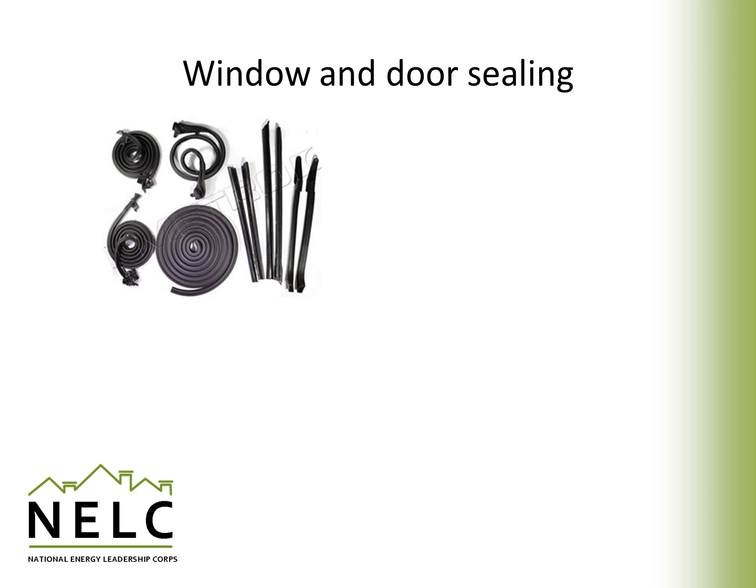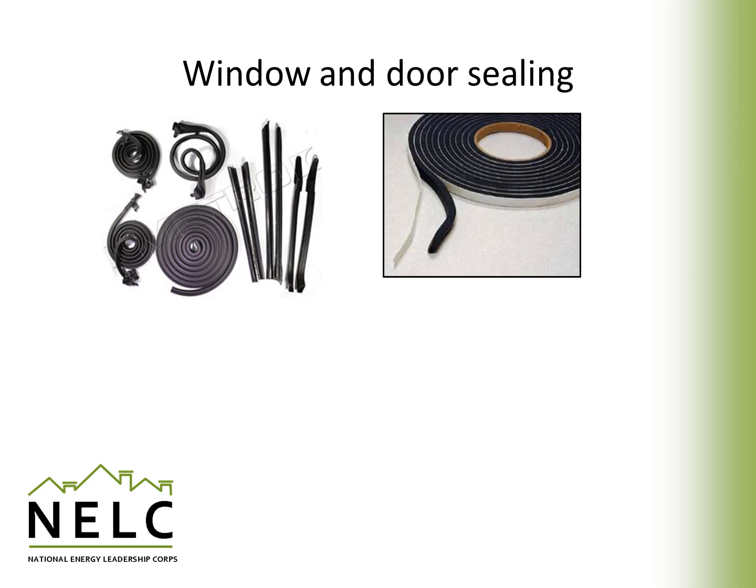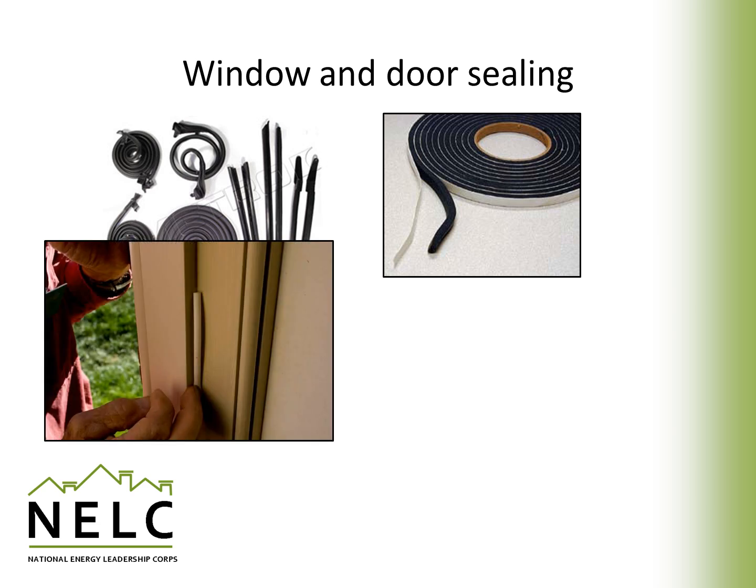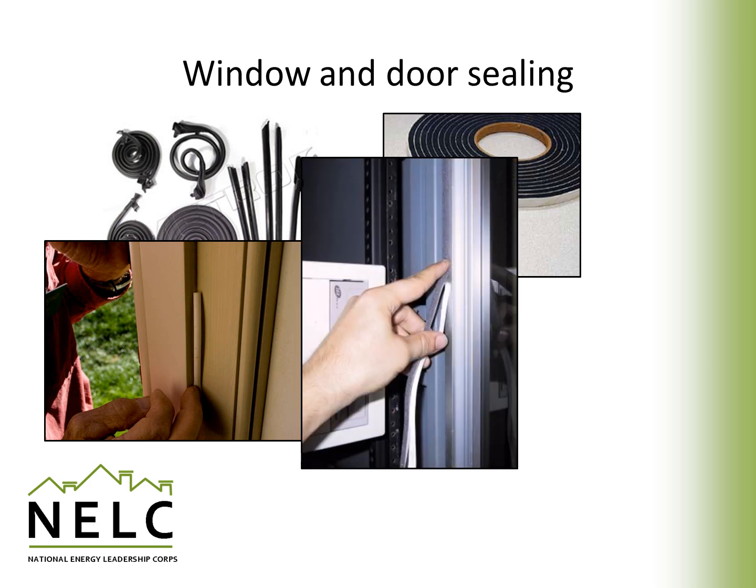These can be fairly easily applied, including those that come with self-adhesive strips. Depending on the particular condition at a door or window, these products can be added so that when you close doors and windows, we have a nice tight seal and can reduce the infiltration rates around windows and doors.